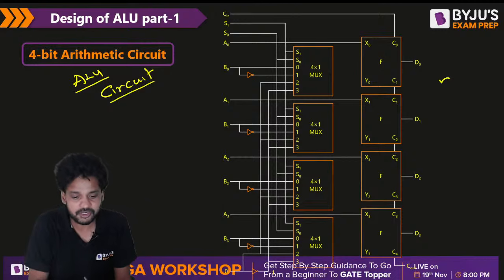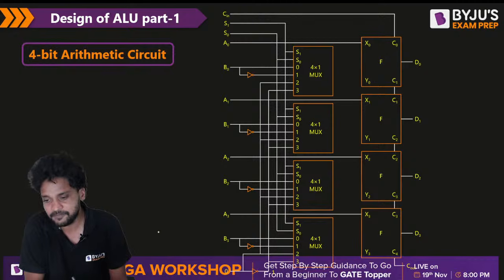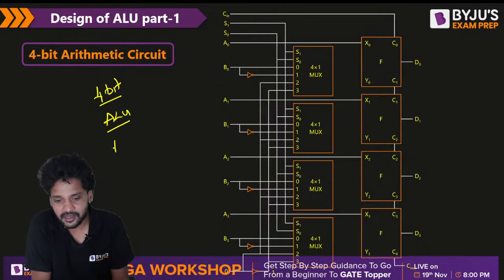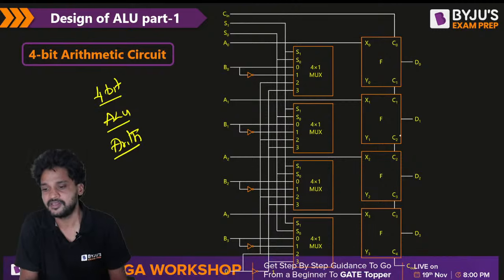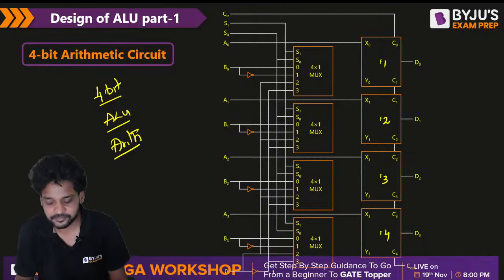In order to demonstrate this circuit, stay focused carefully. First of all, understand it is a 4-bit ALU. A 4-bit ALU arithmetic unit will have 4 full adders: full adder 1, full adder 2, full adder 3 and full adder 4.